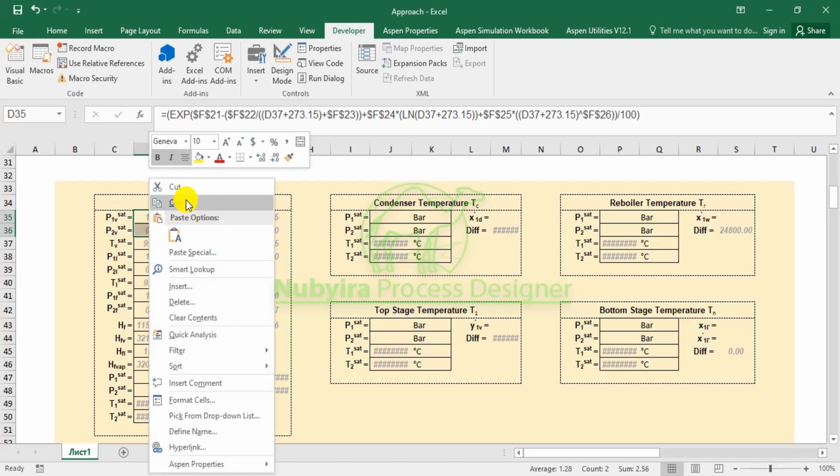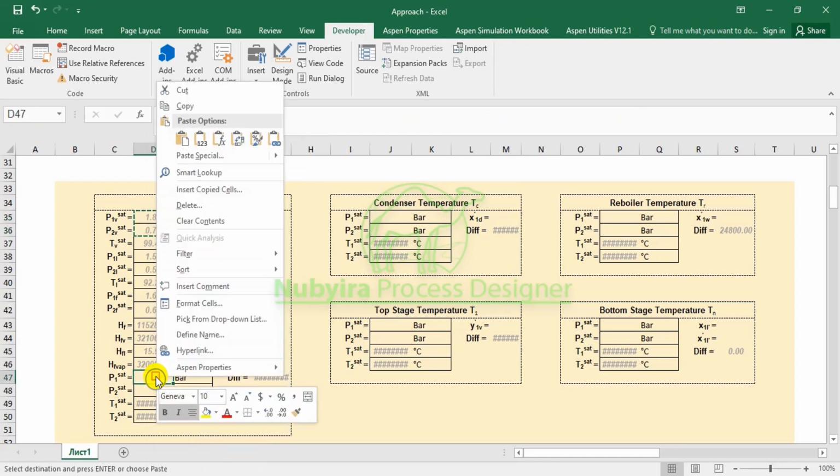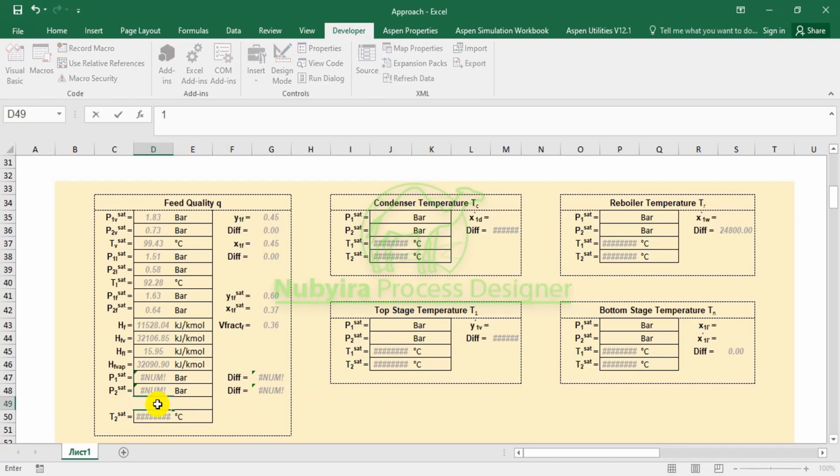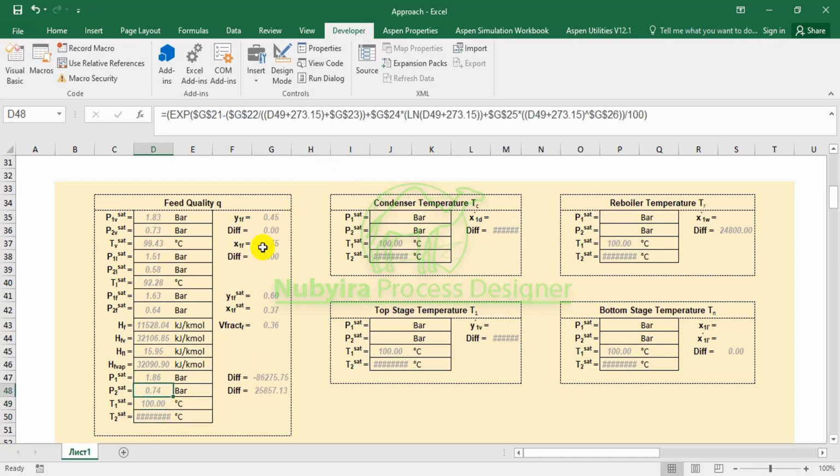Okay, so this is a very large number. We can just change it to 100 over here. So this is for the second component. It's going to have a different temperature. So this is going to be D50.